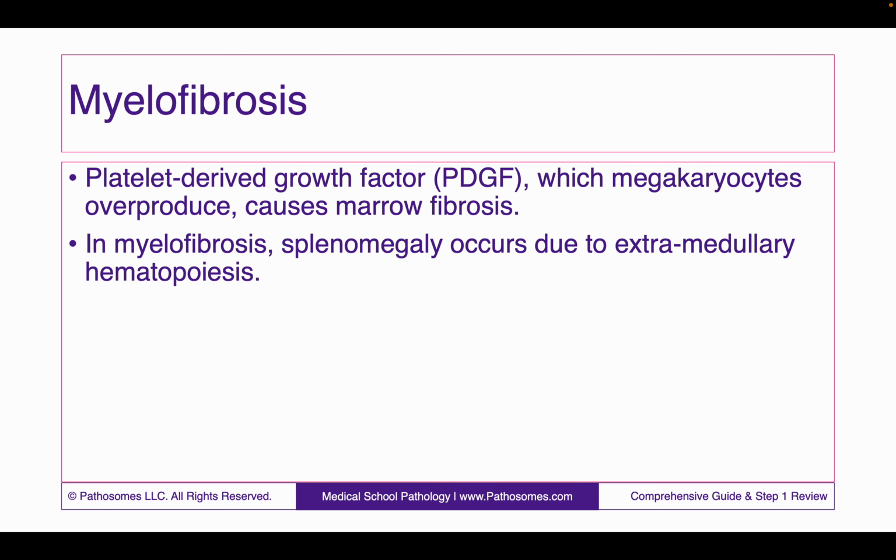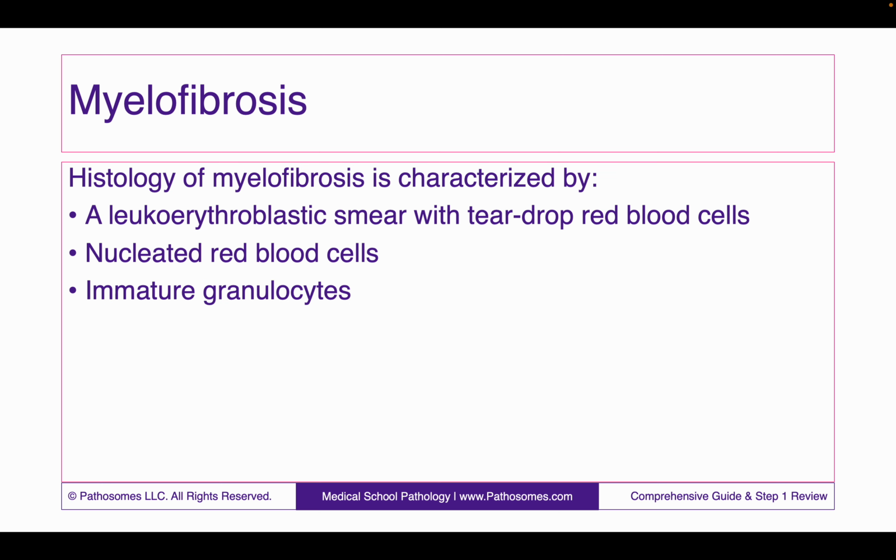Platelet-derived growth factor, which megakaryocytes overproduce, is what causes the marrow fibrosis associated with myelofibrosis. In myelofibrosis, splenomegaly occurs due to extramedullary hematopoiesis.